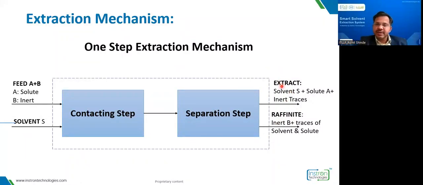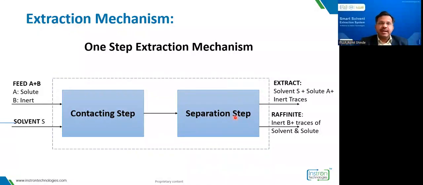The extract phase consists of solvent S and the solute, which is our desired component, and some traces of inert material. The raffinate phase consists of most of the inert and traces of solvent and desired component. Now in the separation step, we separate the extract and raffinate phases using methods like distillation, evaporation, or crystallization.